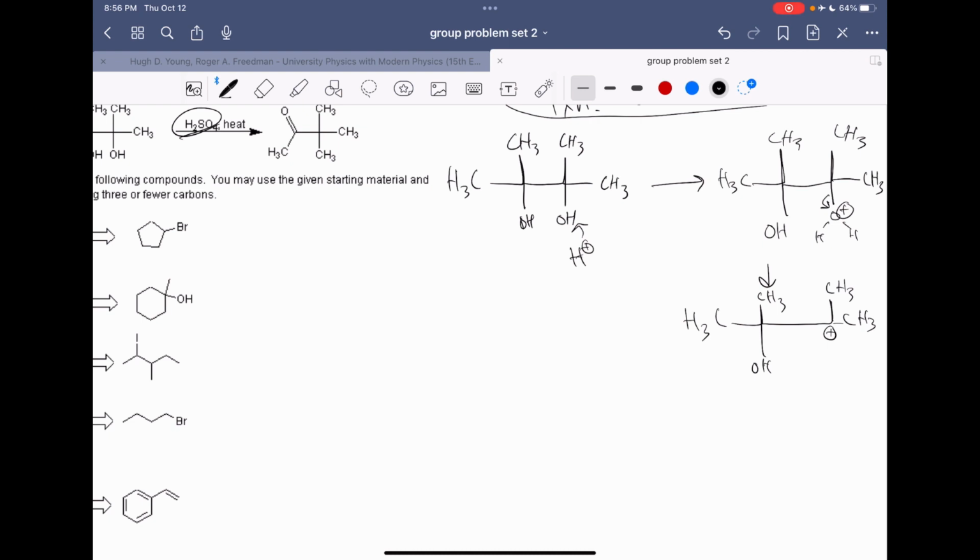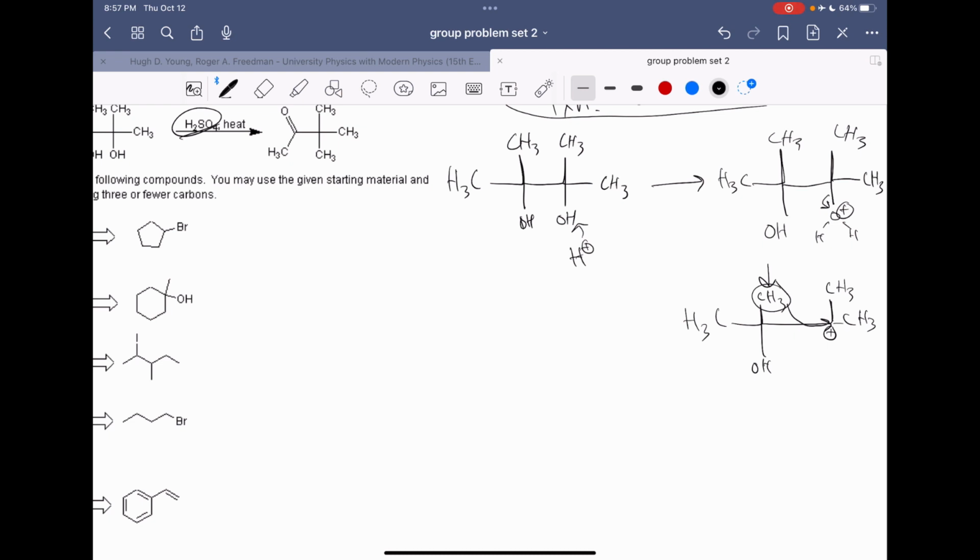one of these methyl groups, these CH3s on the end here, will shift over here in what's called an alkyl shift. We remember that as it stands now, we just have these two methyl groups connected to another carbon, which isn't really anything.